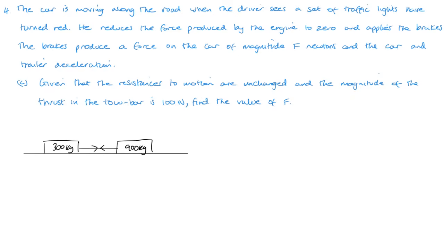This tension, okay, so the thrust in the tow bar is 100 newtons. So it's just calling it thrust instead of tension because it's going in the other direction. Okay, but let's look at the resistance forces. This one was 200 newtons and this one was 100 newtons.